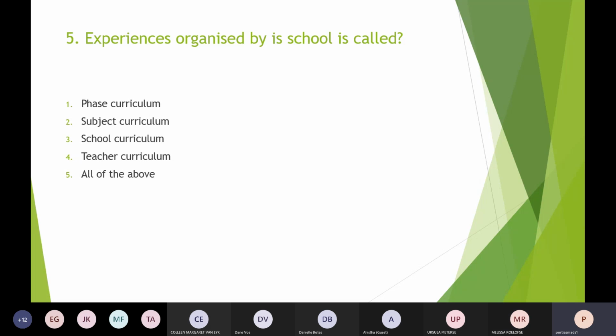So what is a teacher curriculum, students? That's your individual planning that you plan as teachers to get your content across to your learners. All right, thank you. So will you agree with Melissa on the answer of school curriculum?